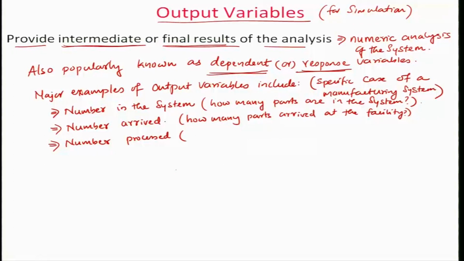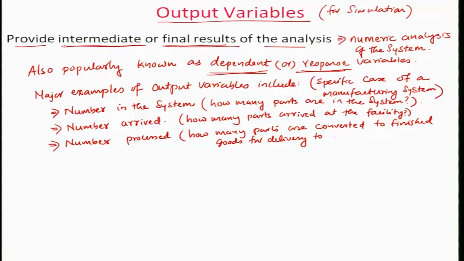So, how many parts are converted to finished goods for delivery to the customer. That is the number of parts that are processed. So, how many parts are converted to finished goods gives you the number processed.